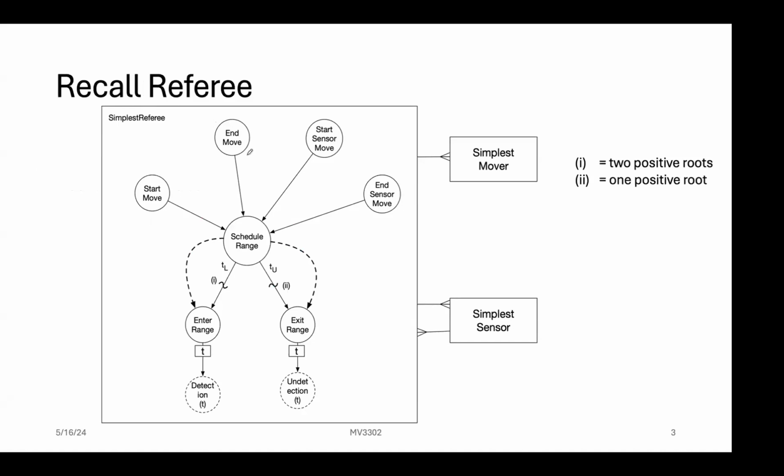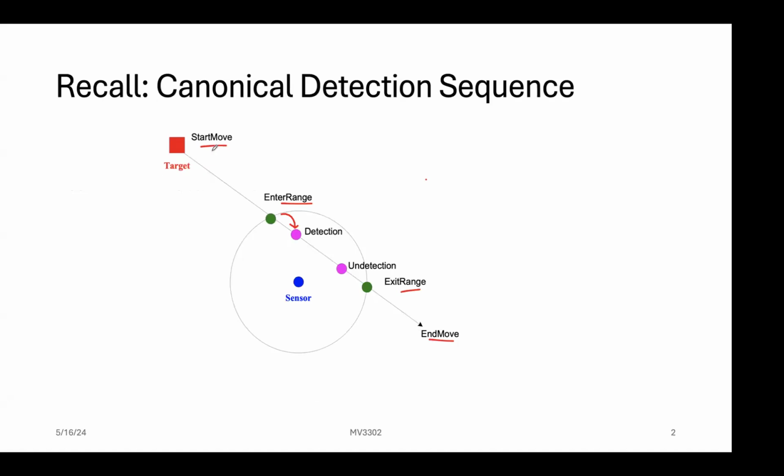Our simplest referee was one where we were listening for these events, which are all changes of state, a change of movement state specifically. In other words, those equations for the enter and exit range are valid as long as the relative movement of the target and the sensor remain the same.